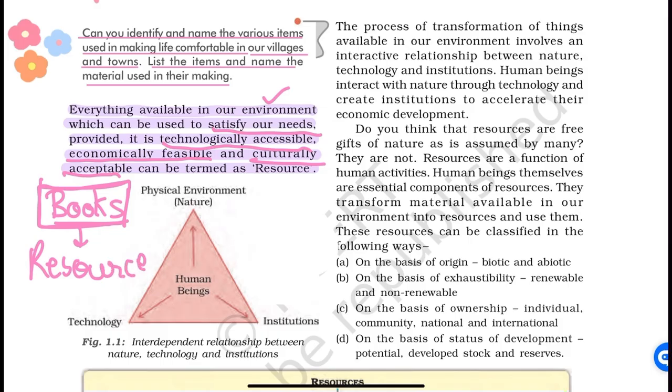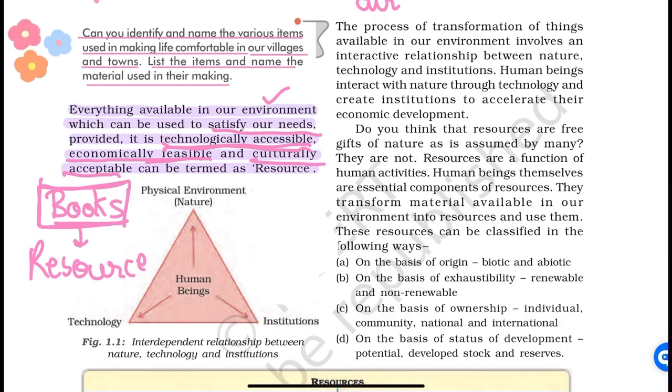Take any example in your environment, like air. Air is available in our environment. It satisfies our needs. Our need is we have to survive, and we have to take air, or you can say oxygen. It's technologically accessible. Yes, economically feasible.